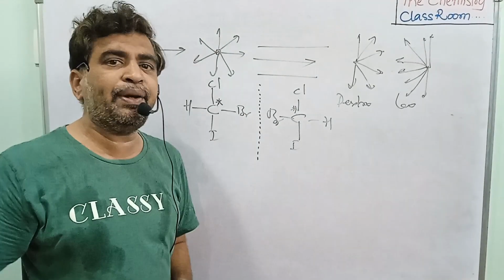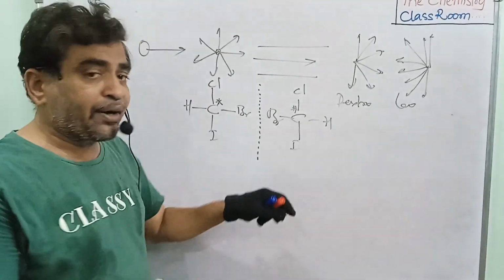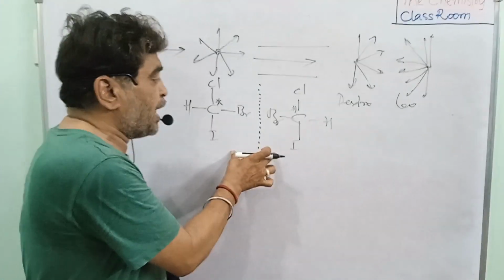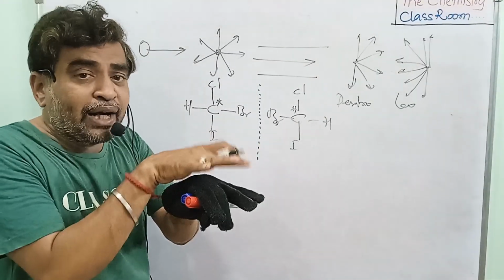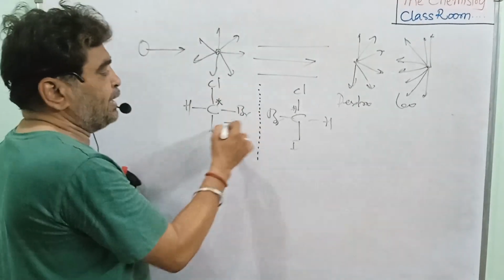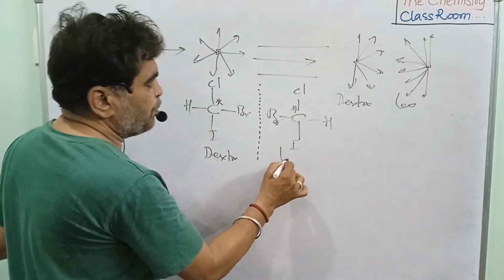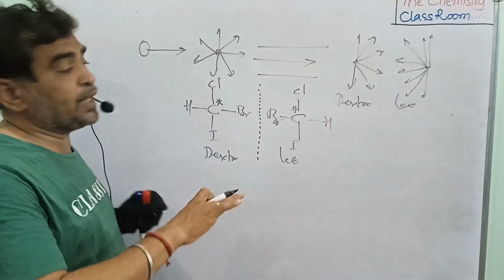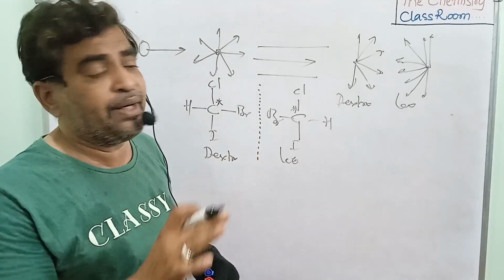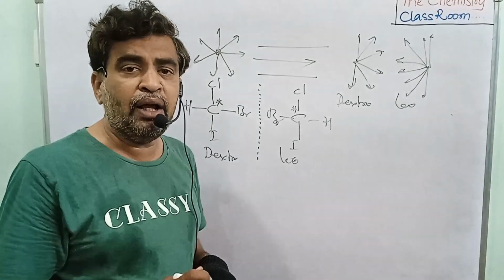The two are mirror images, so these two compounds are similar, but they are not going to overlap each other. They are mirror images only. So this type of compound is called optical isomers. If one compound rotates the light dextro, the other compound will rotate the light levo. That is, one rotates the light clockwise, and the other rotates the light anti-clockwise. So one is called the dextro compound and the other is called the levo compound.